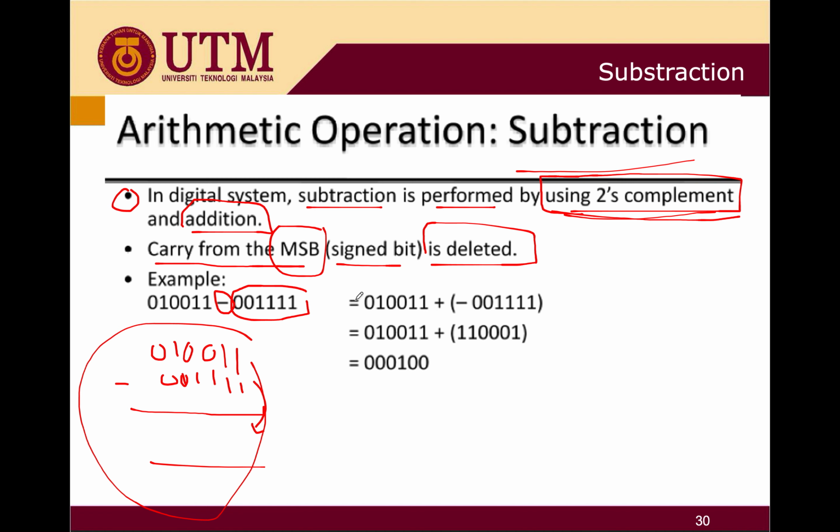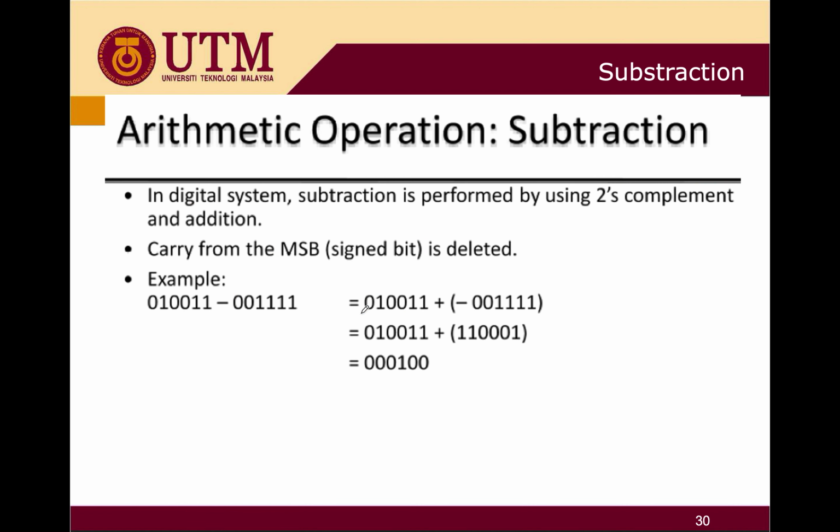This number, you just let it stay similar, and this one is similar to adding the negative value of the second number. That's why you get like this.